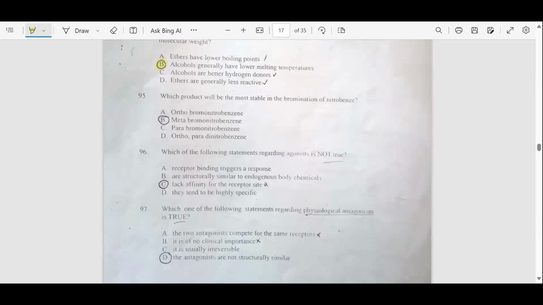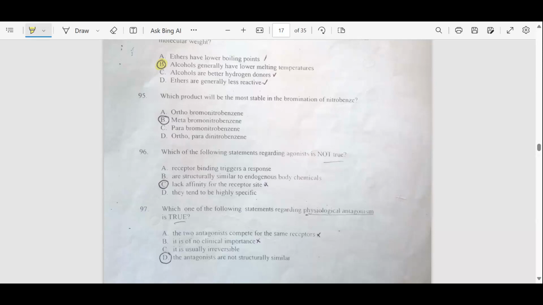So Spiderman is saying ortho-para-dinitrobenzene. So is everyone in agreement with ortho-para-dinitrobenzene?